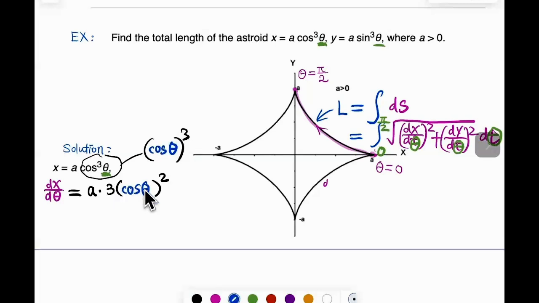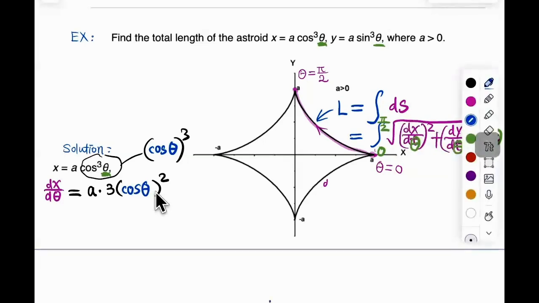That's all the outer. Then you multiply by the derivative of the inner function, cosine theta. What's the derivative of cosine theta? Negative sine theta. We're done with this. So this is what dx/d theta is equal to.